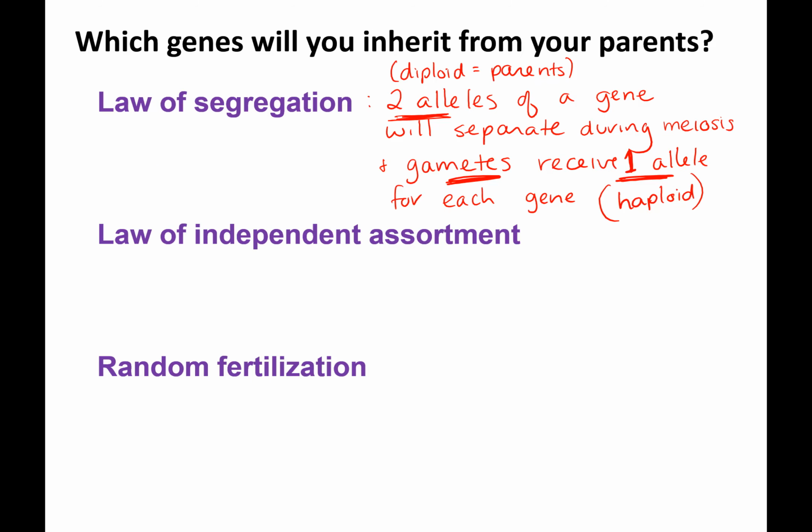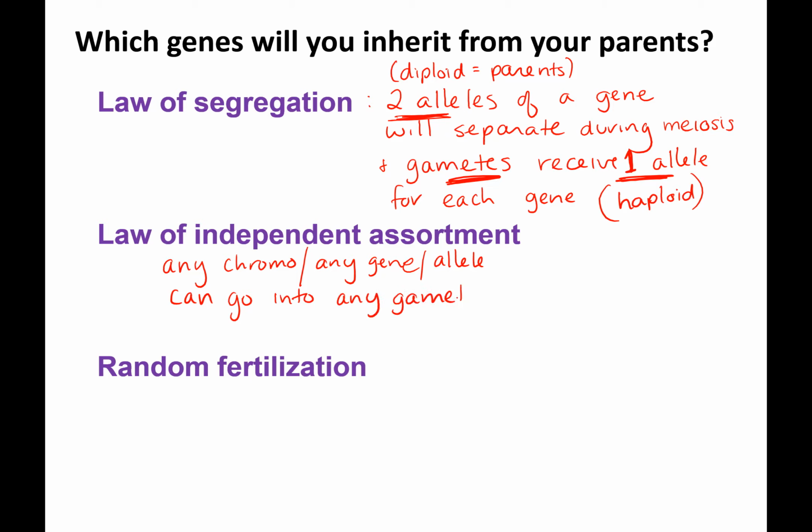The law of independent assortment says any chromosome, so any gene, or you could say allele, can go into any gamete. So that means all the dominant alleles don't have to go together, all the recessive alleles don't have to go together.